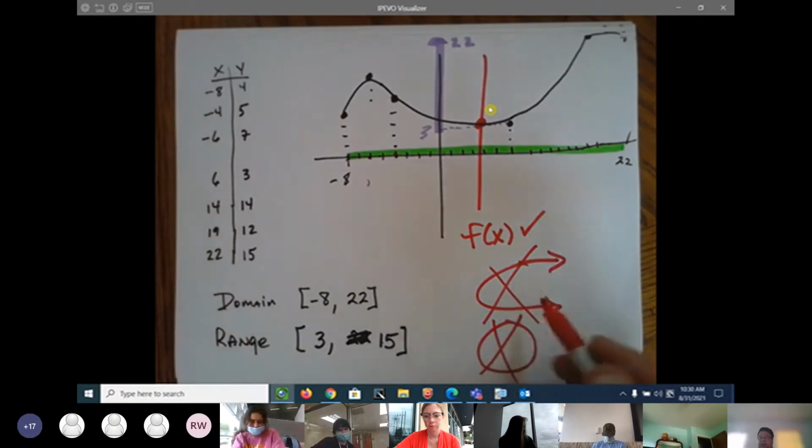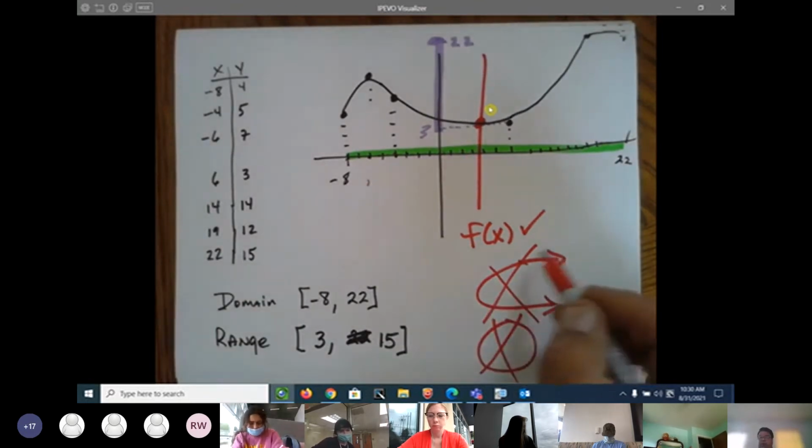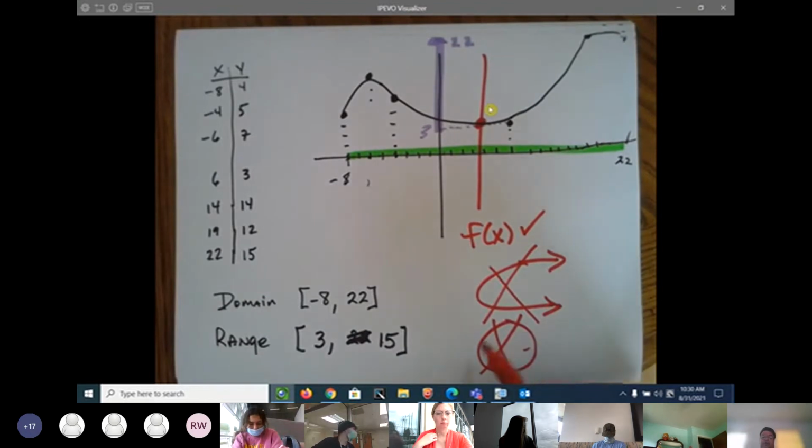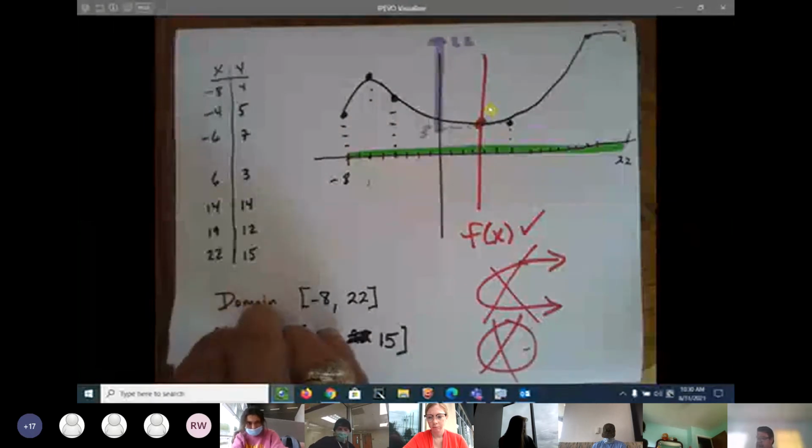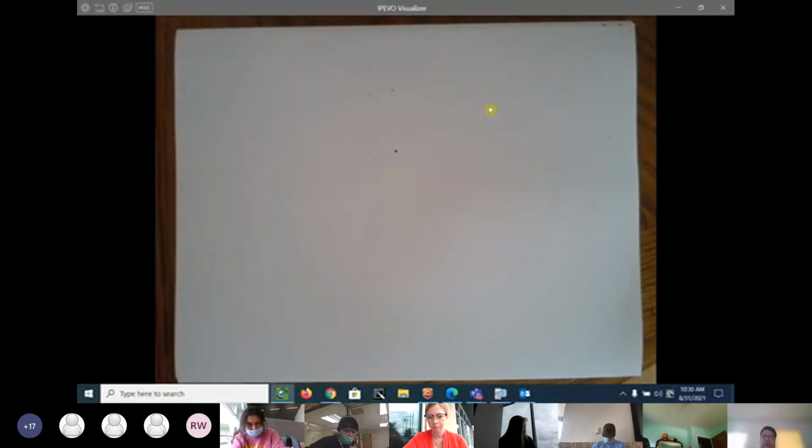Two y's for 1 x either gives you a parabola or some type of ellipse or circle. That's why you need to graph it. That extra work, I tell you what. No wonder anybody would want to do extra work.